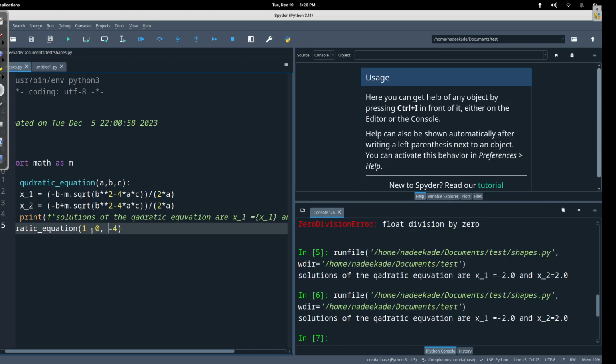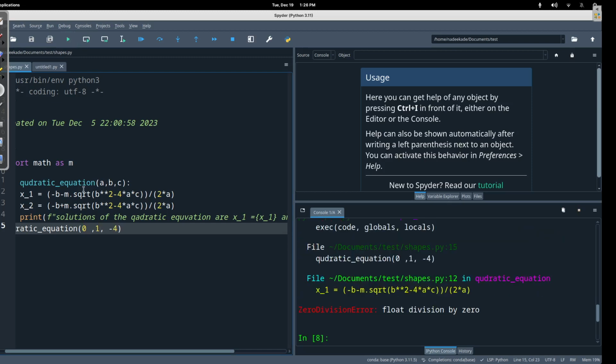But if we mistakenly pass this 0 first, then we get a zero division error. Okay, so if you are passing by position, you have to make sure you pass the variables in the correct order. You have to be careful.